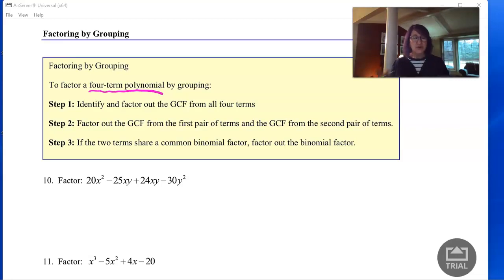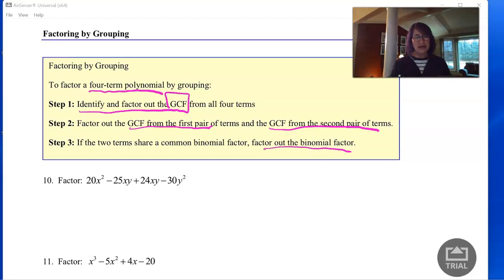So the first thing you do is identify and factor out the GCF. Your second step is you factor out the GCF from the first pair of terms and usually a different GCF from the second pair of terms. If the two terms share a common binomial, then you factor out the binomial, just like we were just doing. So it's like you factor twice.